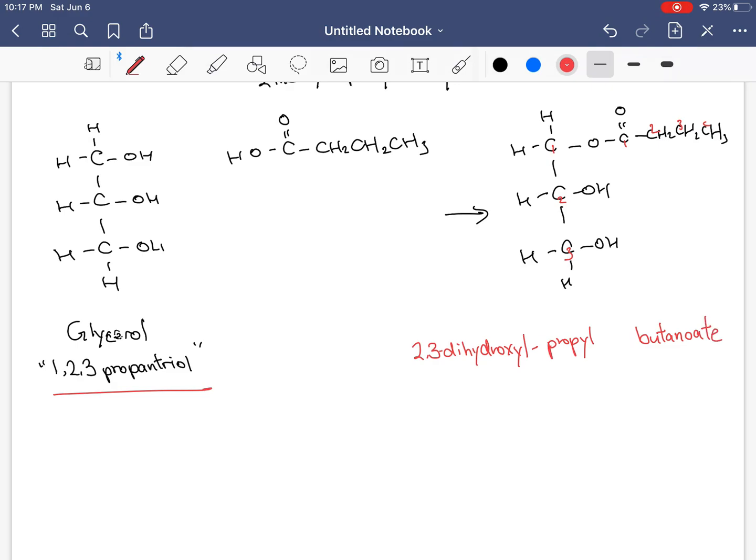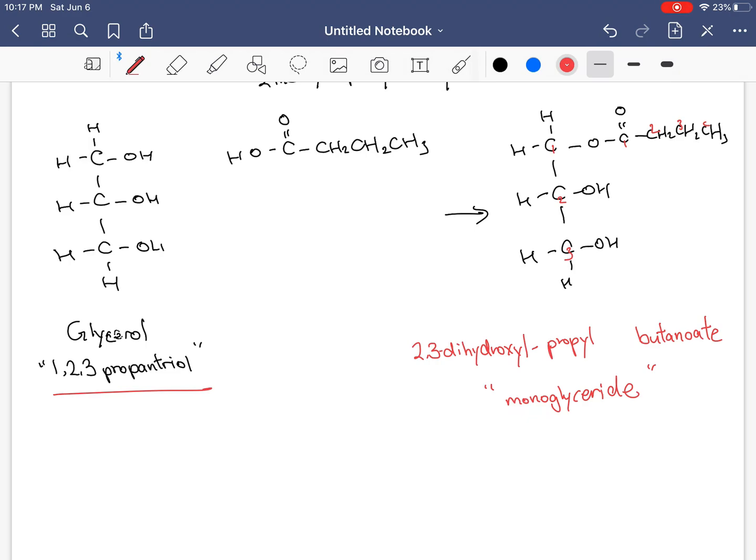Now in biology, they have a very special name for this. It's called monoglyceride. Hey, monoglyceride, can I have diglyceride and triglyceride? Definitely.